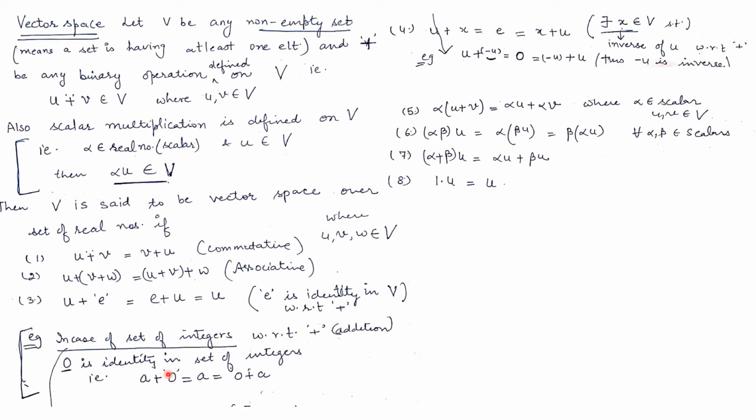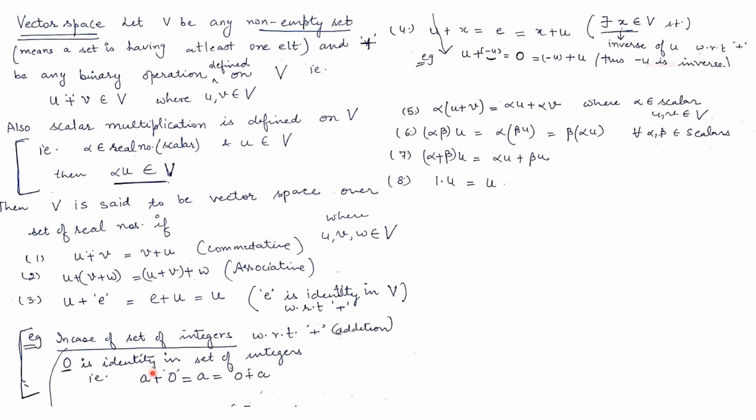Now why? Again, let's suppose a is any natural number. What would you add to a natural number so that you again get the natural number? That is 0. But 0 is not a member of the set of natural numbers. So it means there does not exist an identity in the case of natural numbers with respect to the operation addition.